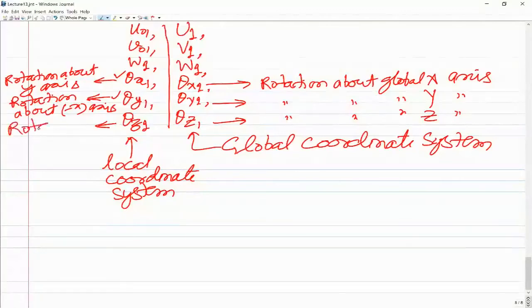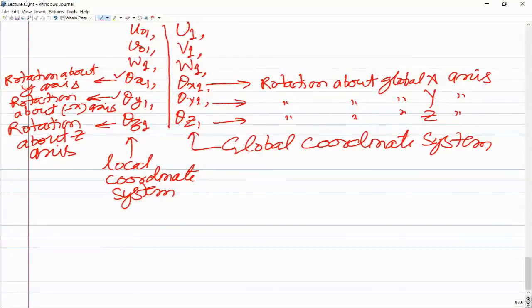So this is the rotation about z axis. Sir, in the middle plate, we consider theta y equals rotation about positive y axis. In the first order theory, the way we have written the displacements, theta small x is the rotation about positive y axis, and theta small y is the rotation about negative x axis.